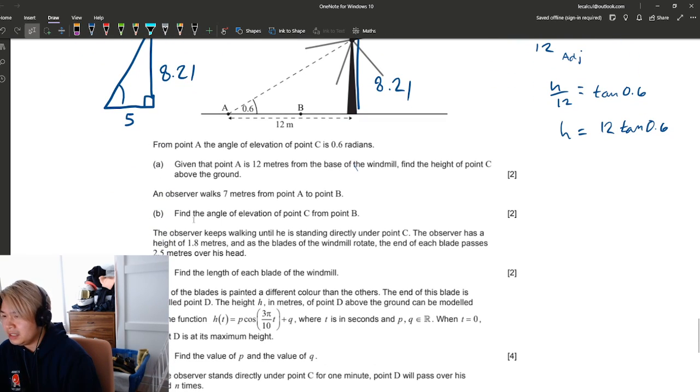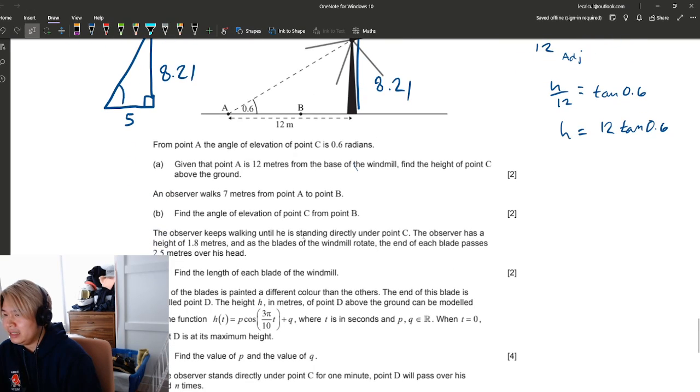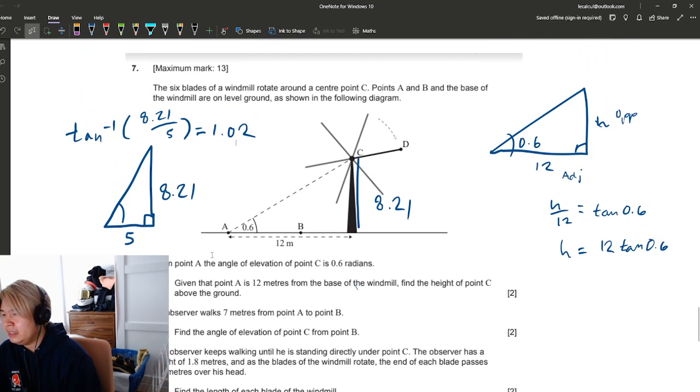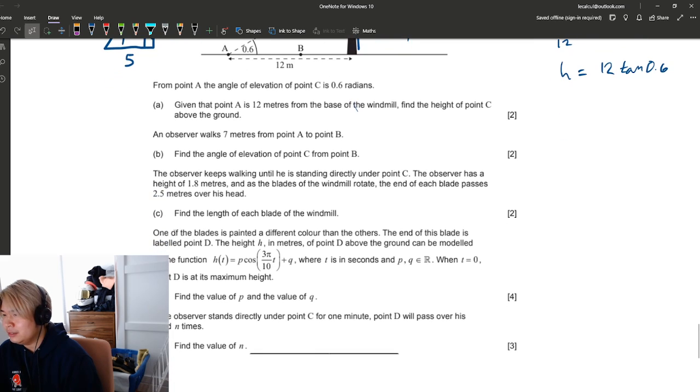The person keeps walking until they are directly under point C. The observer has a height of 1.8 meters, and as the blades of the windmill rotate, the end of each blade passes 2.5 meters over his head. Find the length of each blade of the windmill. Okay.